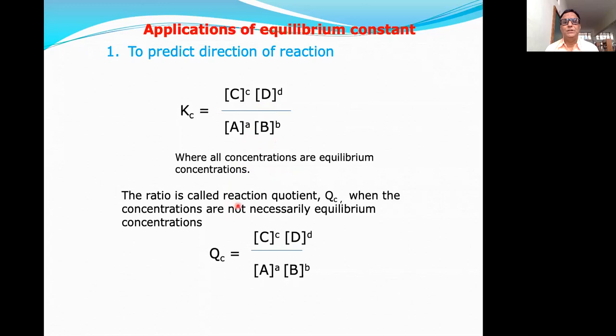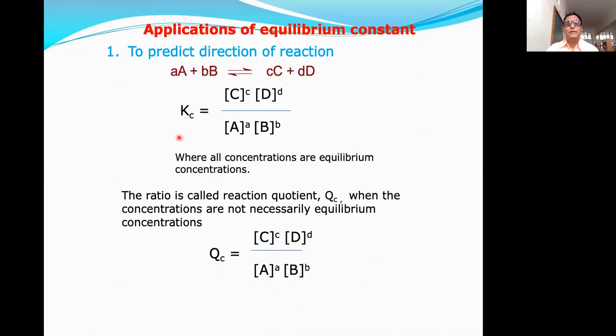Now the ratio is called reaction quotient, Qc, when the concentrations are not necessarily equilibrium concentrations. So it is denoted as Qc, that is reaction quotient, and it is also equal to concentration of C raised to c into concentration of D raised to d divided by concentration of A raised to a into concentration of B raised to b.